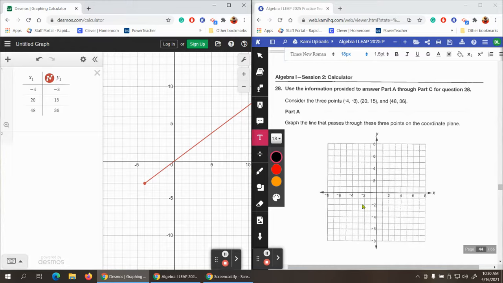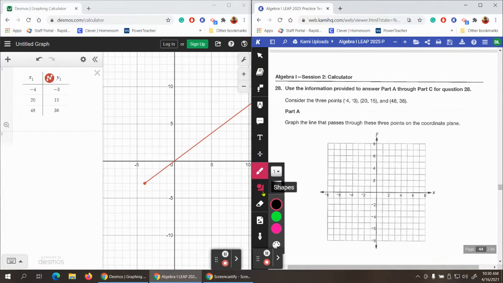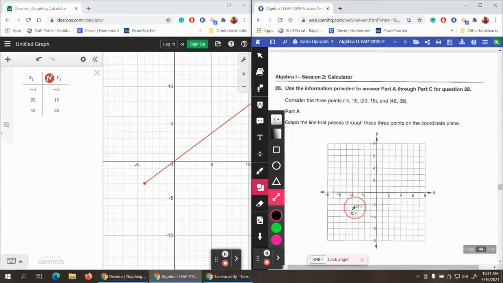So if I were to graph this line, your tools are going to be far better than my tools that I have here that I'm working with. Inserting a line, you're going to do a line that goes through 4, -3, which is there, and something that goes through the other point.